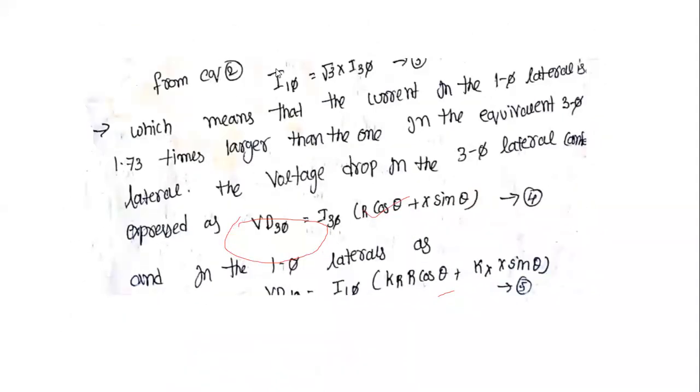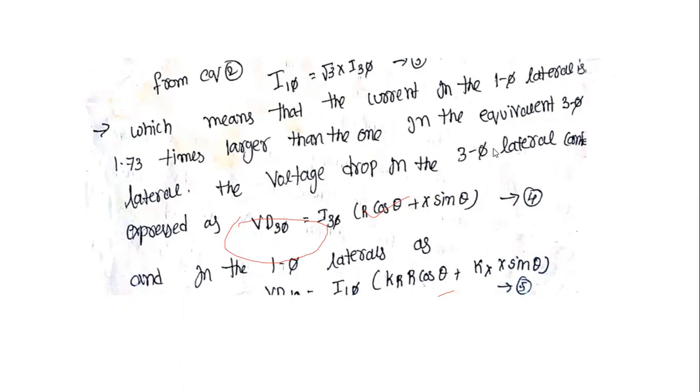From this equation, I single phase is equal to root 3 times I three phase, which means that the current in the single phase lateral is 1.73 times larger than the one in the equivalent three phase lateral.